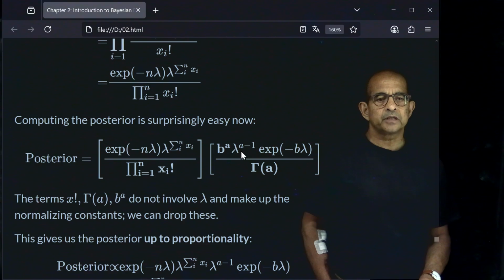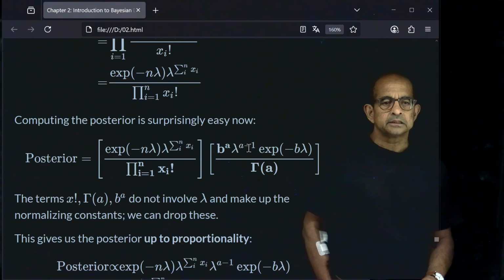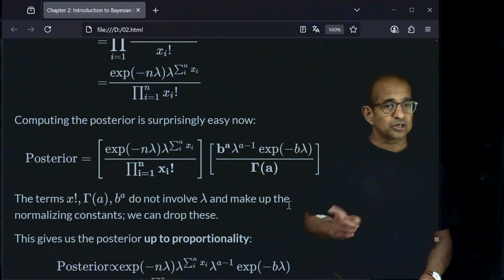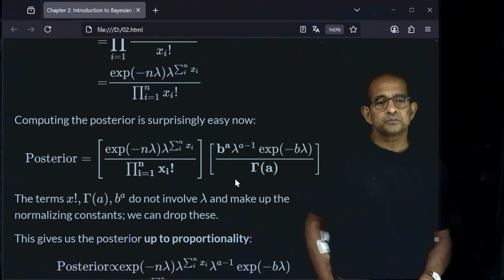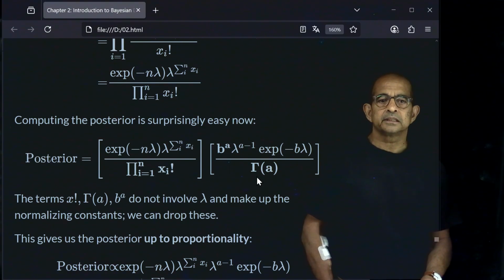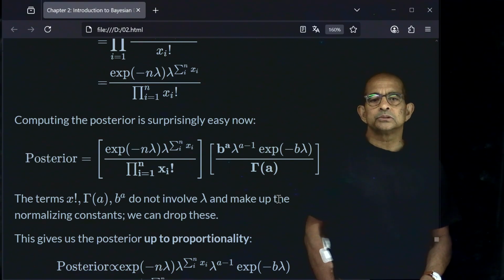Here are the hyperparameters a and b, right? They turn up here. And notice again that in the gamma distribution, all the terms involving lambda constitute the kernel of the distribution, and all the terms not involving lambda, that means b to the power of a and this denominator gamma of a, together represent the normalizing constant.